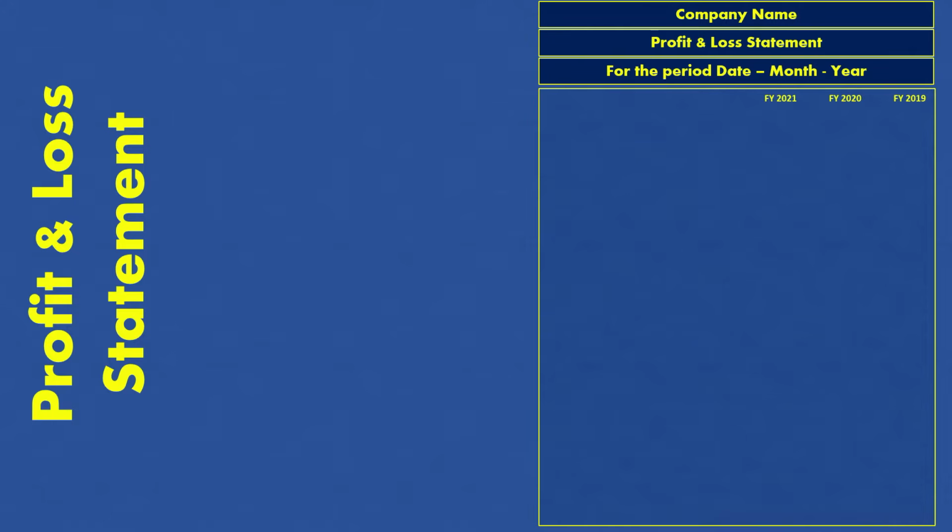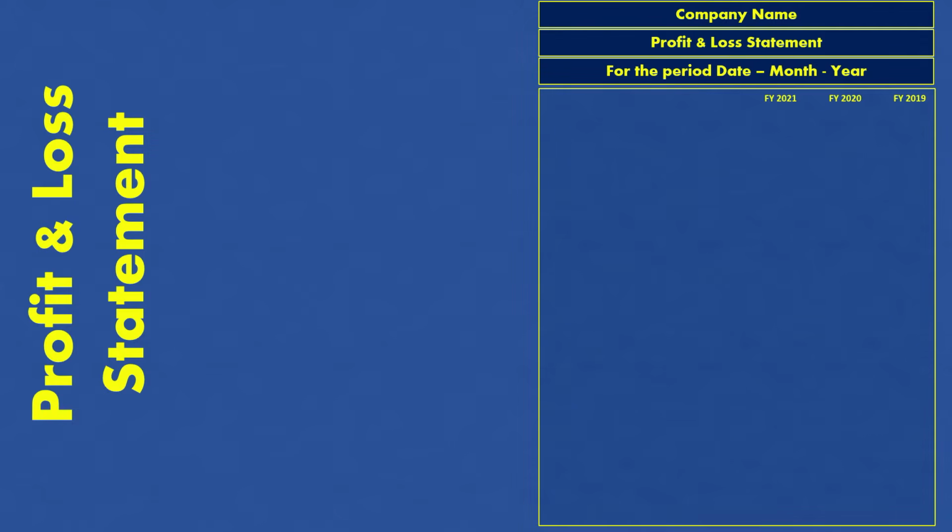The calendar year starts from the 1st of January and it ends at the 31st of December. For the businesses, you can choose to work with any 12-month period for your reporting, and that 12-month period is called financial year.